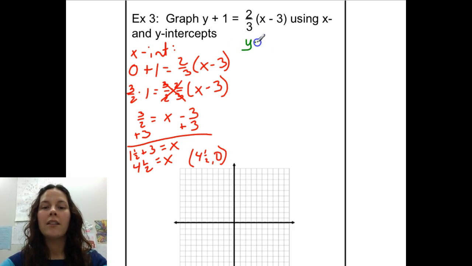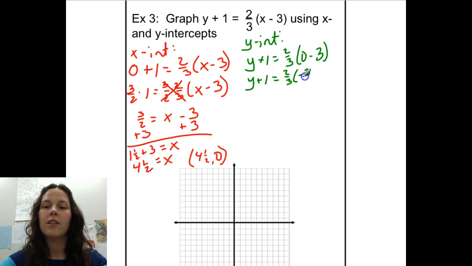Solving for my y-intercept, I'll be substituting 0 for x, and solving for y. Simplifying on the right-hand side, I will simplify what's inside the grouping symbols. 0 minus 3 gives me -3.